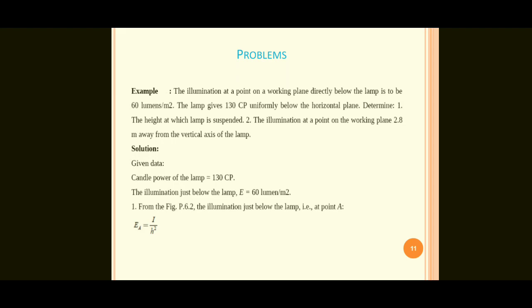So first we have to write down the given data. The candle power of the lamp I is 130 cp. The illumination directly below the lamp is 60 lumens per meter square. We need the height at which the lamp is suspended.